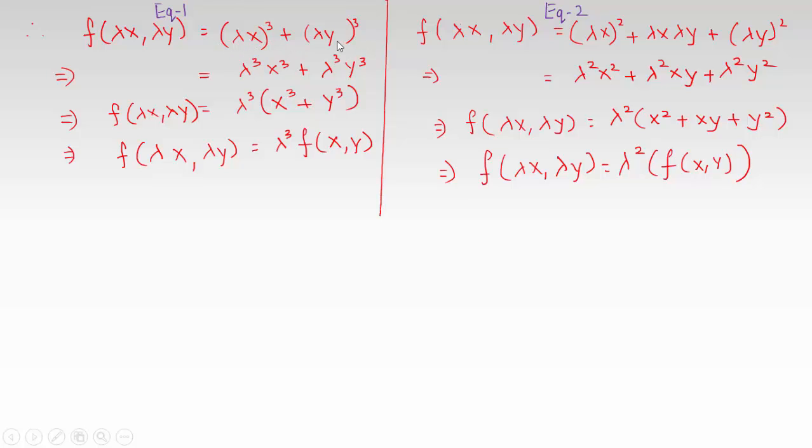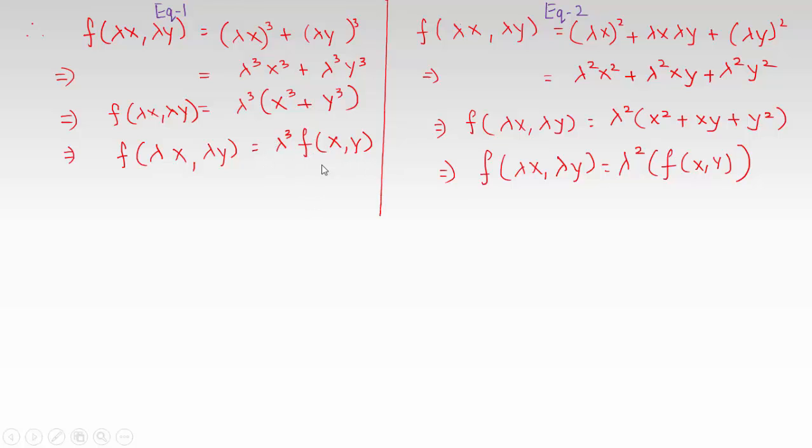We just substitute the values of x with lambda x and the values of y with lambda y. So we get lambda cube x cube plus lambda cube y cube. By taking lambda cube common, lambda cube times (x cube plus y cube), which comes to lambda cube f of x y.